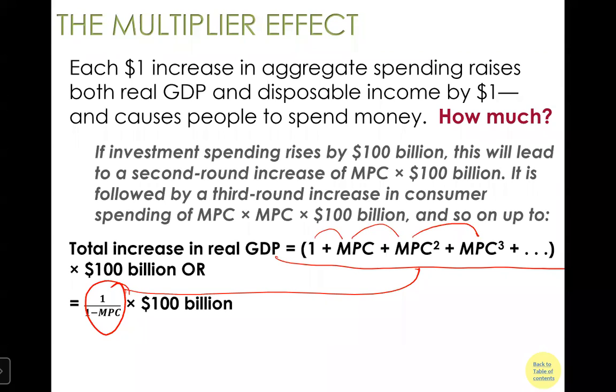So we are connected in the macroeconomy, and this MPC tells us how strongly we are connected. The smaller the MPC, the looser we are connected. The bigger the MPC, the stronger we are connected. So that's one way to understand it.